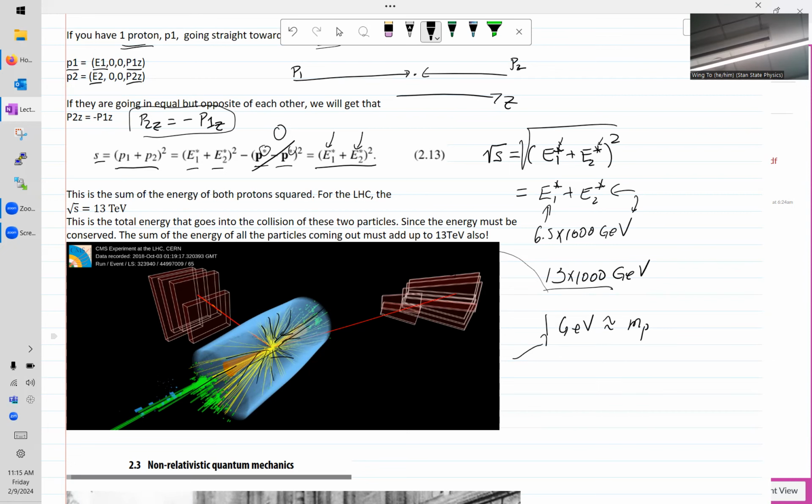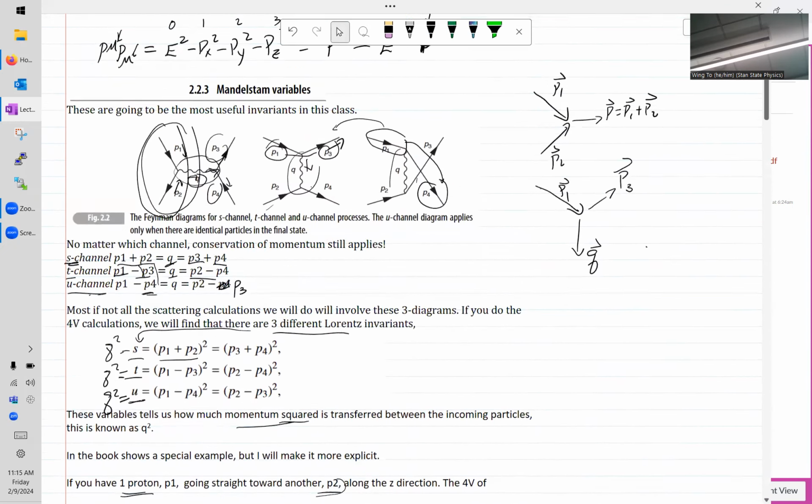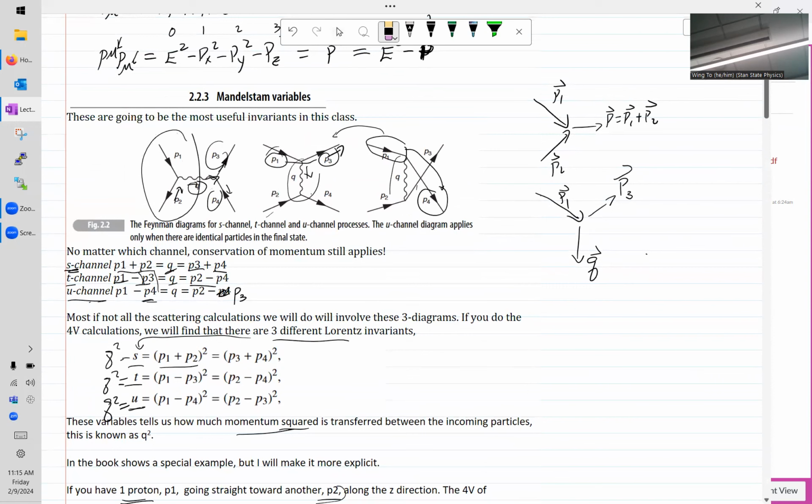So the P1 plus P2 on this little S diagram is the 2 protons coming in. P3 and P4, in a sense, if they're other particles, those particles could decay into other ones, and that will make hundreds and maybe even thousands of other particles that come out.